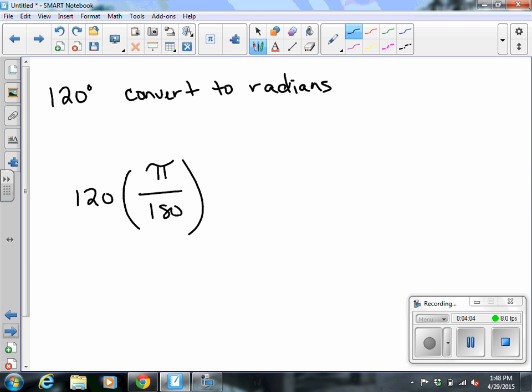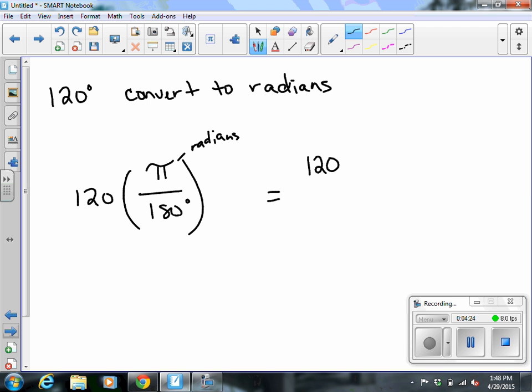The reason why is because the 180 is our degrees and our pi is our radians. So when you're doing unit conversions, like you would in science, the degrees would cancel out and we're left with radians.